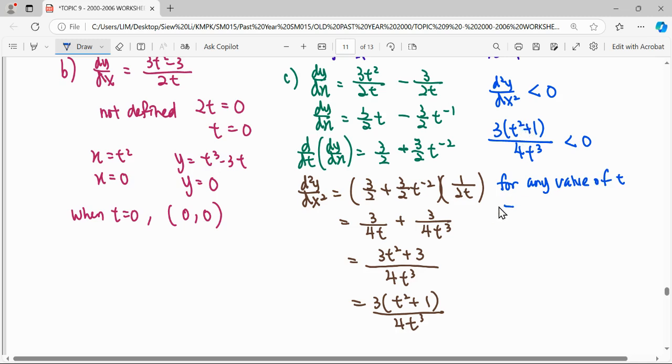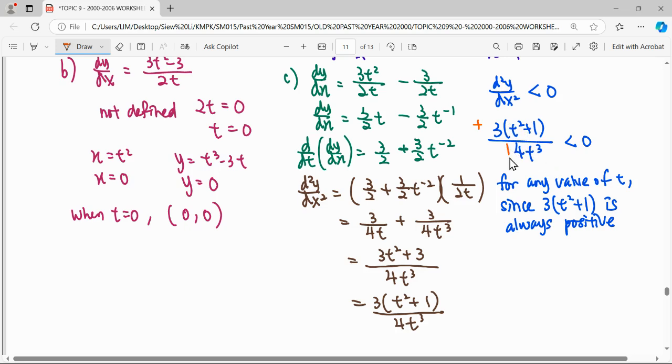See, t squared is always positive. When it plus 1, it is even more positive, and times 3. So this factor is always positive. So we know that the numerator is always positive no matter whether t is negative, 0 or positive.